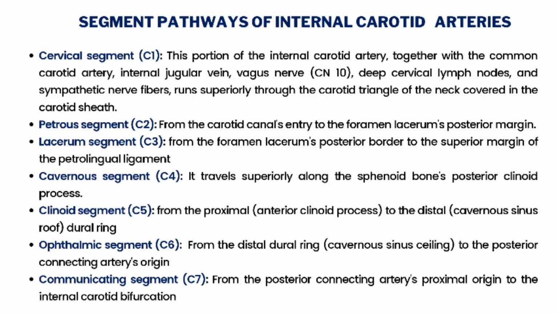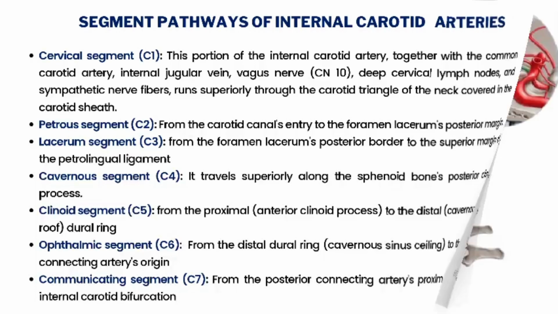And the seventh segment is the communicating segment, from the posterior communicating artery's proximal origin to the internal carotid bifurcation. Its branches include the posterior communicating artery, anterior choroidal artery, anterior cerebral artery, and the middle cerebral artery.